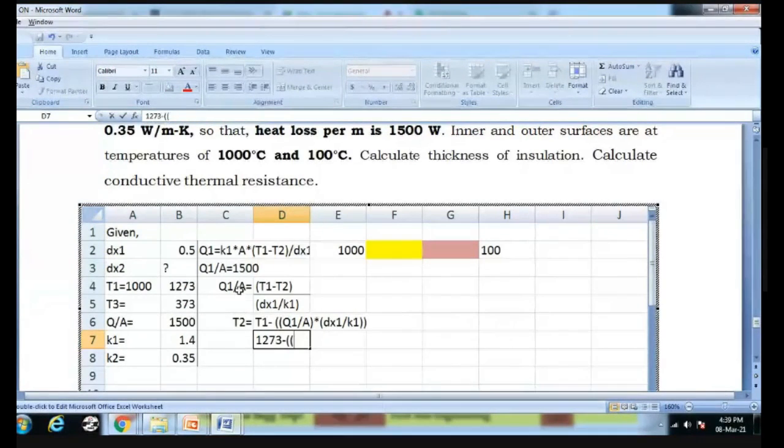Q1, what is Q1? Where is Q1? Q1 upon A is 1500 into dx1, 0.5, divided by K1.